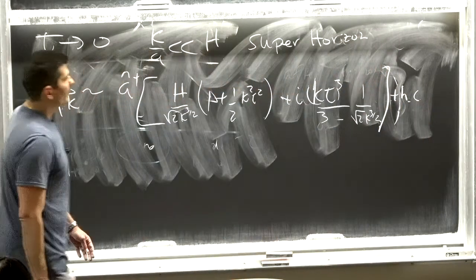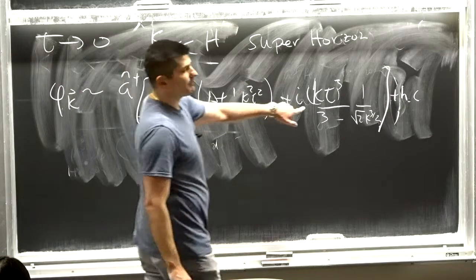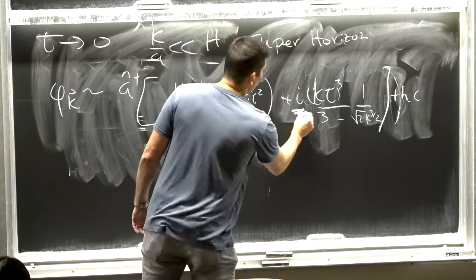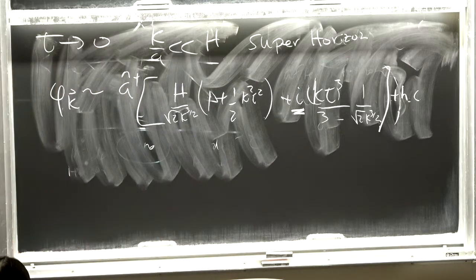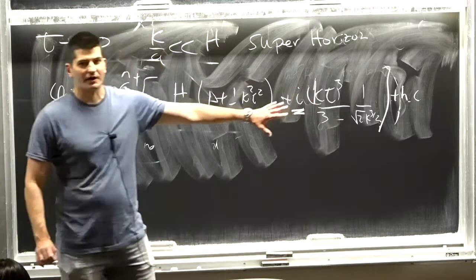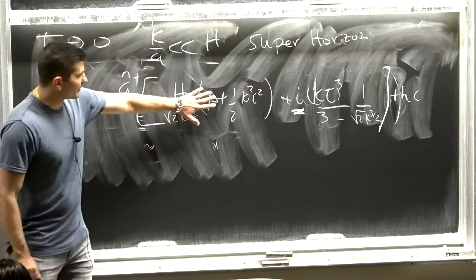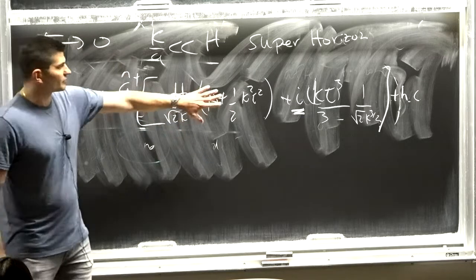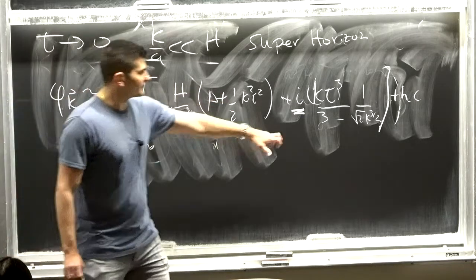OK, I split these two terms up for a specific reason, which is that there's an i here. So you should think of this as being the two different solutions to a second-order differential equation. This term, because there's no i's, like all of these terms are related to each other, is one classical solution, and this is another classical solution.